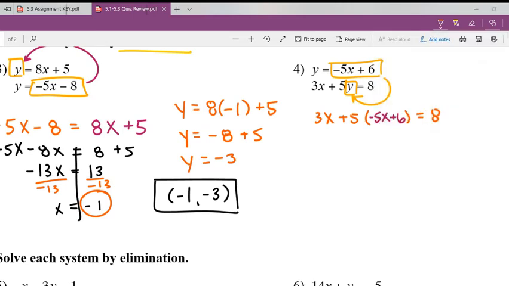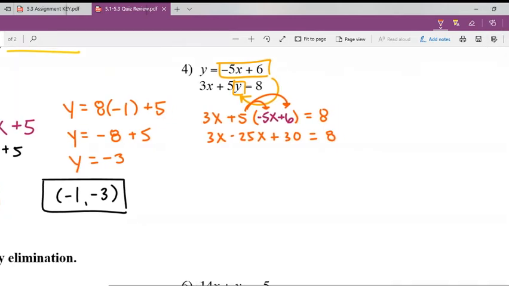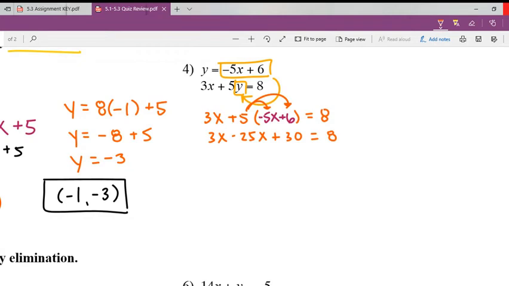So I'm just going to drop down my 3x, and then I'm going to distribute my 5. So 5 times -5x is -25x. 5 times 6 is 30, equals 8. And then we can do our 2-column method.